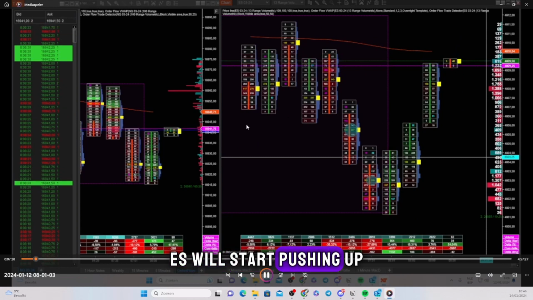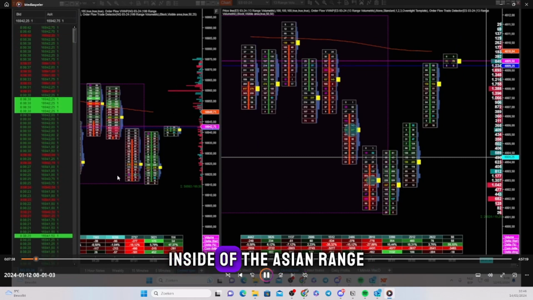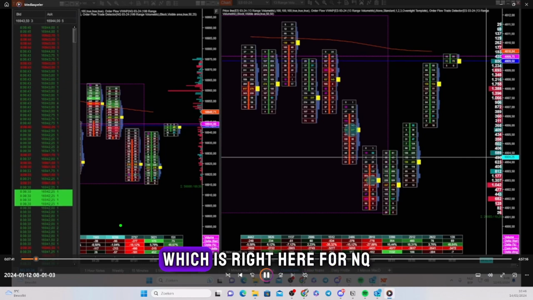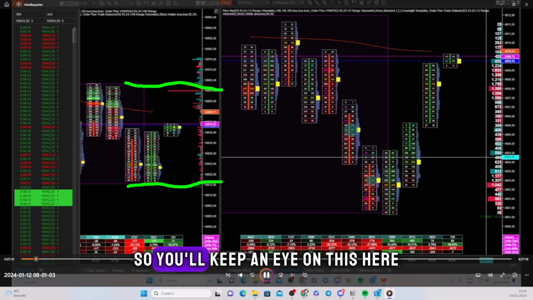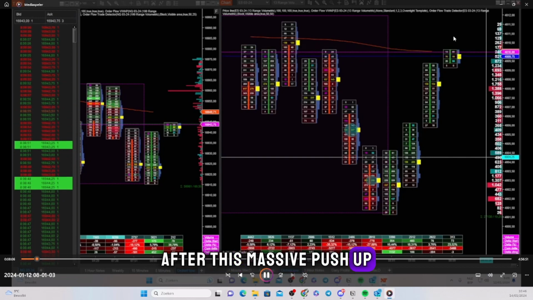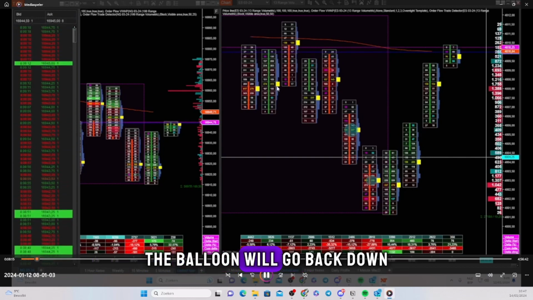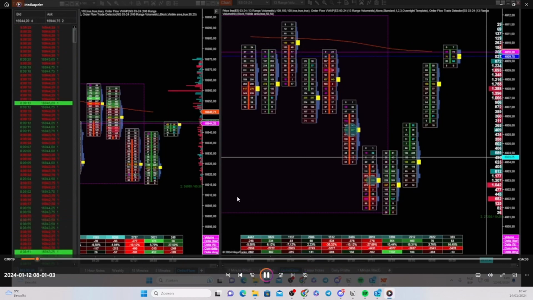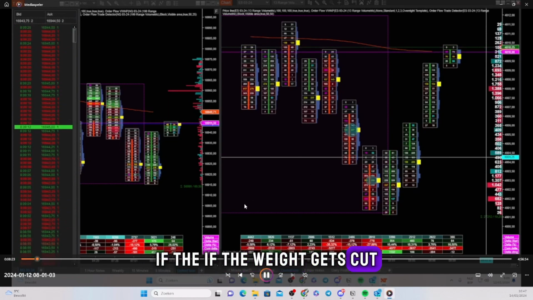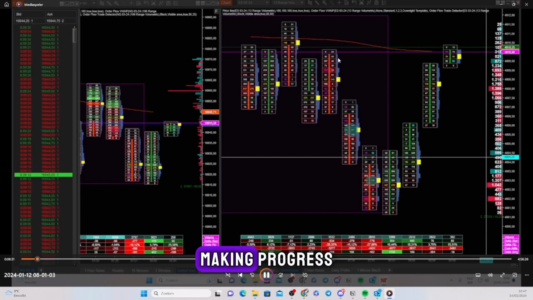ES will start pushing up, but NQ will start stalling inside of the Asian range, which is right here for NQ. You will keep an eye on this. You will see NQ start stalling in here after this massive push up. Now, if the balloon cannot hold the weight, the balloon will go back down. If the weight gets cut, the balloon will shoot up. And this is where I make my decision-making progress.